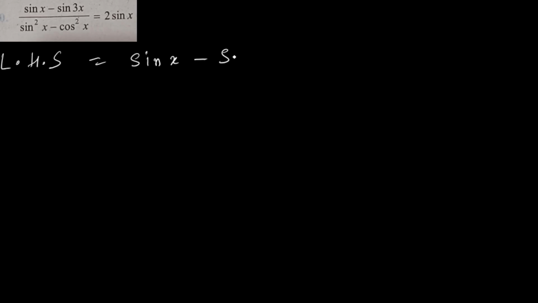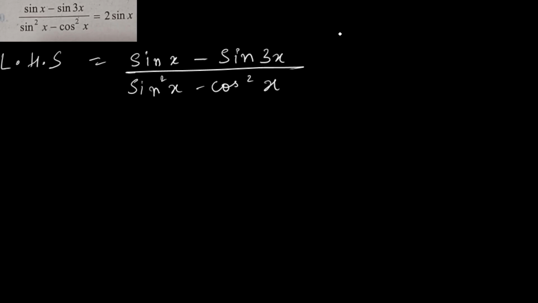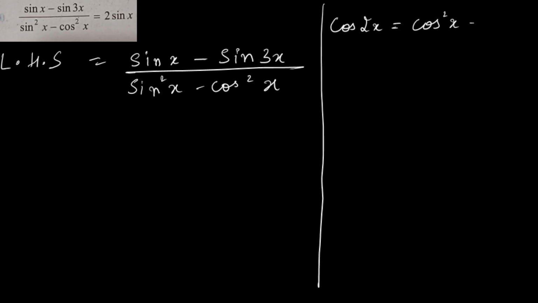So sin x minus sin 3x, as it is, I have to write by sin square x minus cos square x. Apart from those four identities, we have done a few identities of cos 2x also. One identity I will write here: cos 2x, we know it is equal to cos square x minus sin square x.